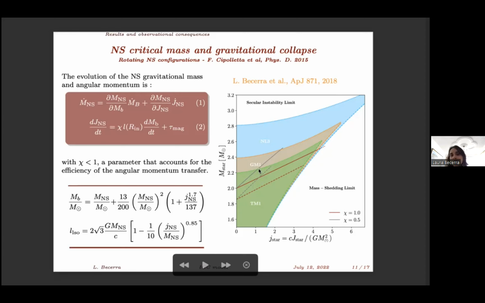And in this case, we know that at this limit the star is unstable to axisymmetric perturbations. So later, on a dynamical time scale, the star will collapse to a black hole. So it is possible that the star collapses, and this happens for a short orbital period and low energy of the supernova.